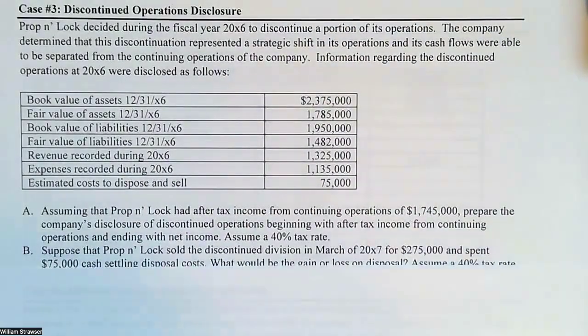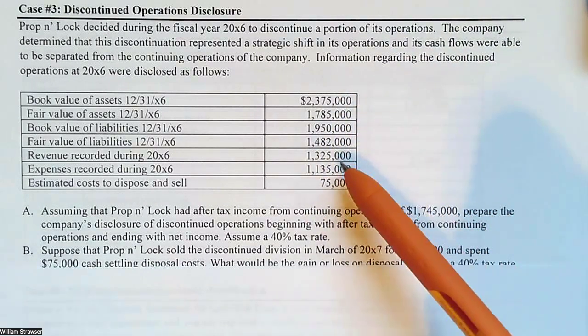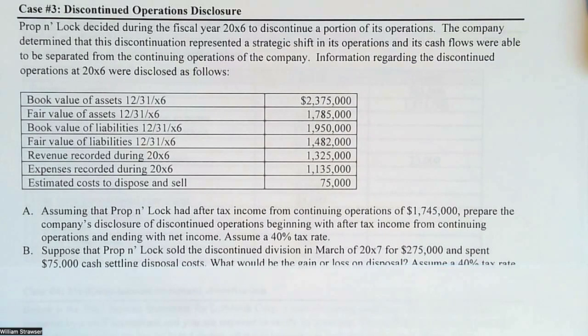in case number 2, I give you certain items that you have to figure out and actually combine some information for. For example, in case number 2, I tell you what the book value of the discontinued component's net assets was, or I tell you what the fair value of the net assets would be.